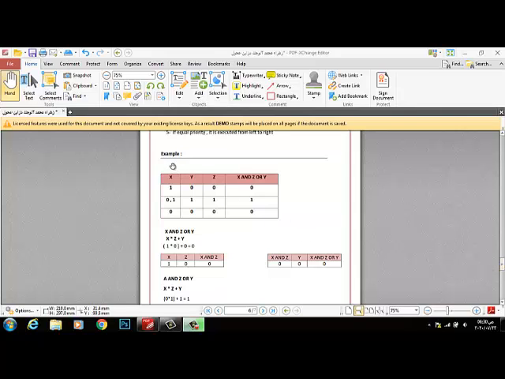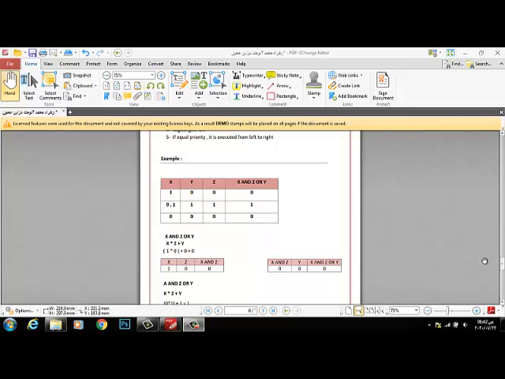When we return to the example, maybe the students say why you are putting the 0 and 1 in the same place. We just need to choose one of them. Why are there two? I say when you put 0 or 1, both of these values are true. How? Let's check that.